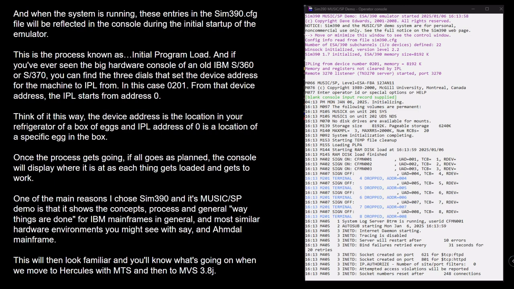So what it has to do is it has to say, okay, I have to find the starting point of that boot process. I know I'll go over to the volume called 201, and from that point, usually it's address 0. That's where I'll start, and then from there, everything should load up, and I become a full-fledged mainframe.